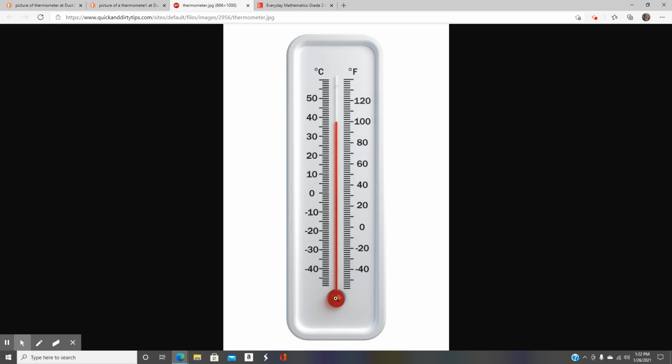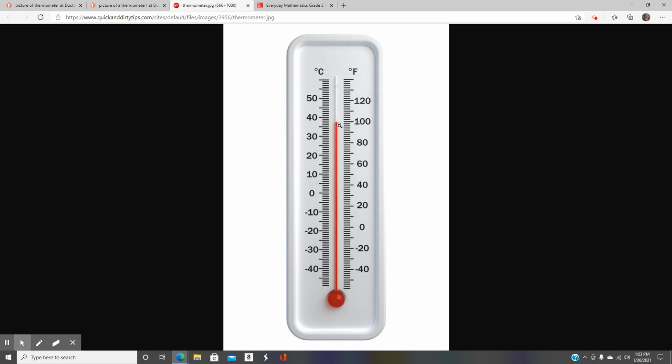But anyway, the cool thing about mercury that made it cool enough to put in a thermometer is that when it gets hot, it tends to expand. So it's forced to go from this little compartment here up this tube when it gets hot, and it expands or gets bigger.